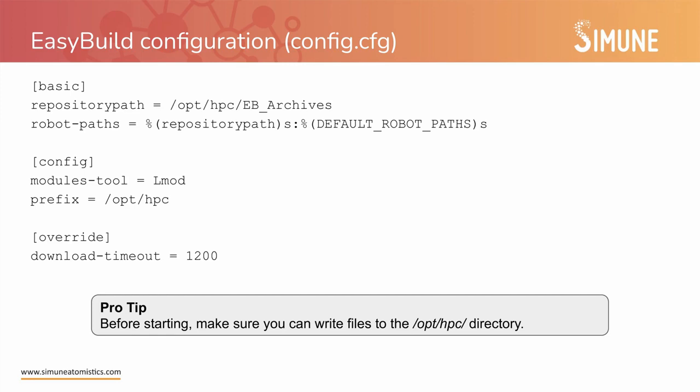Then we have a little trick with the override section, which will avoid errors with download timeouts, because some servers are sometimes slow to download the source codes of the packages. A general piece of advice: before starting, if you use /opt/HPC as a destination directory, make sure that you can actually write in it.